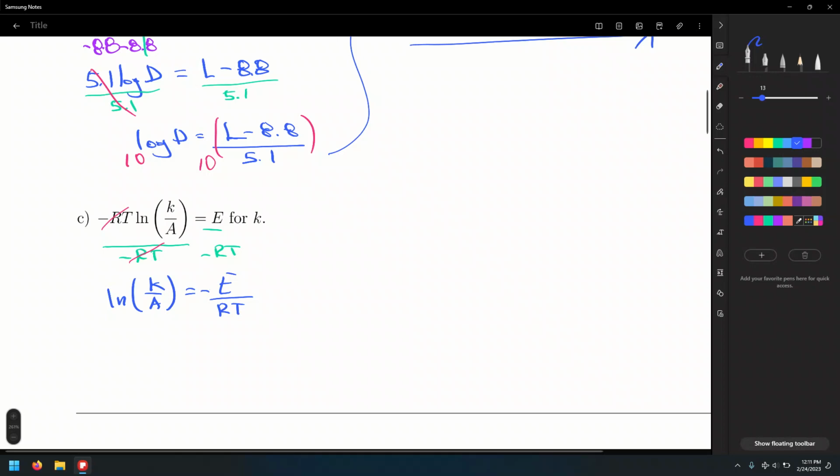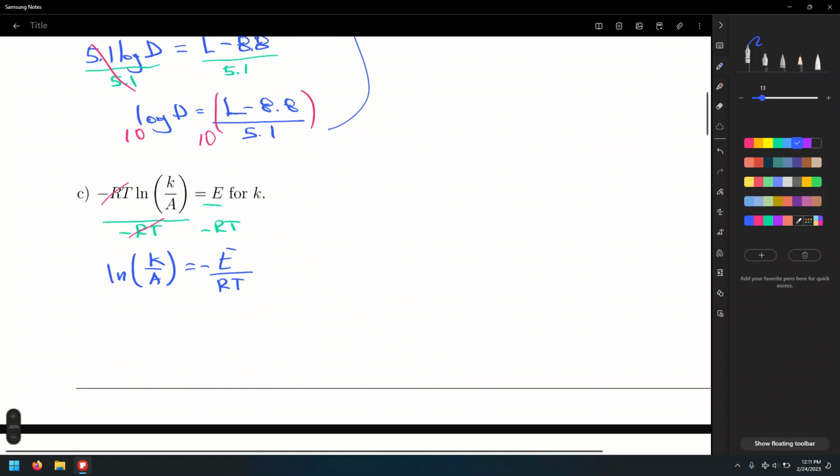All right? And so we may go about getting rid of the logarithm by doing the inverse, which is to exponentiate on a base e. All right? However, be careful. The exponential affects the whole thing on the right-hand side, while on the left-hand side, we just cancel e with ln.